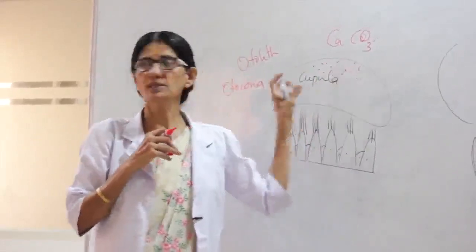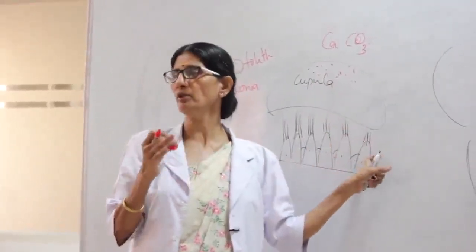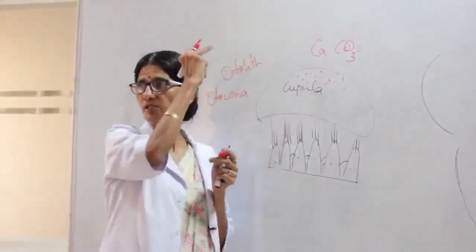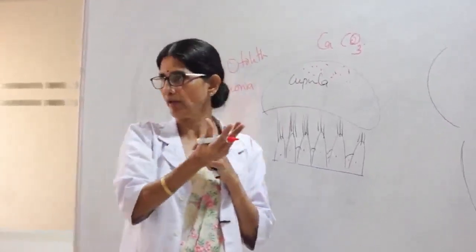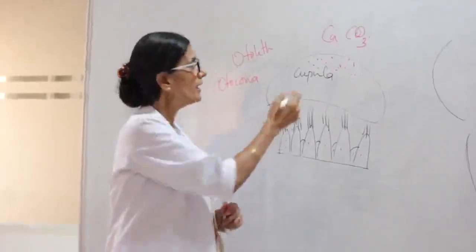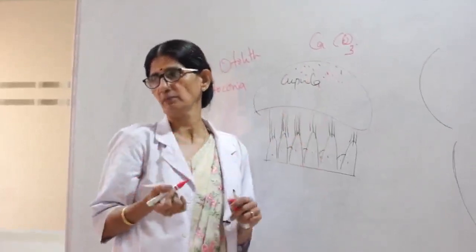Now we see that the endolymph is of high specific gravity compared to the perilymph. Because this cupula is studded with calcium carbonate crystals, that adds to the specific gravity, which is almost twice that of the endolymph, and hence this is always under the influence of gravity.